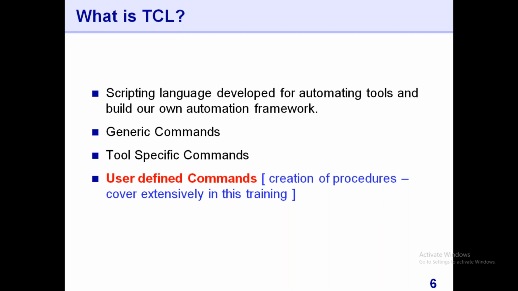Here we will be creating the procedures on the tool framework. Mostly we will be working on ICC2, where we will create our procedures. Once we source our procedures, next time onward you can pick the procedure name, which is basically a command, and pass the arguments.